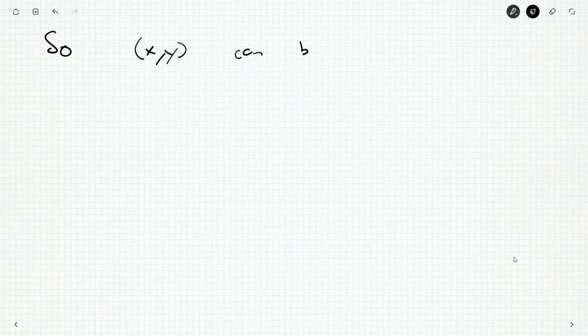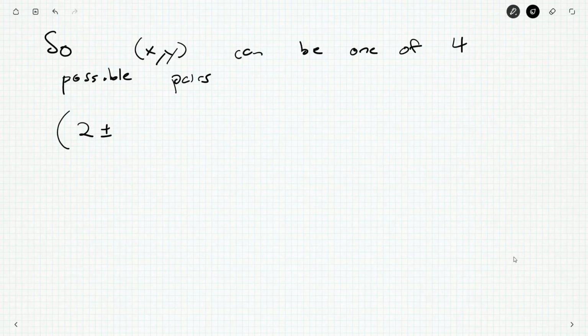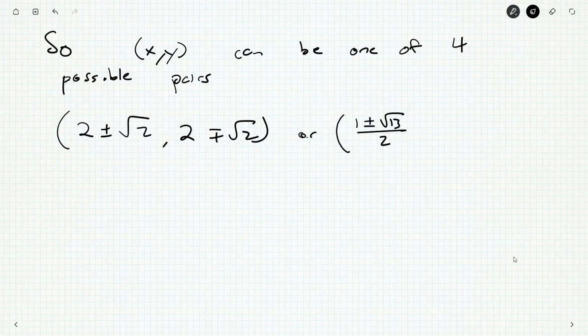So x and y can be one of 4 possible pairs. We could have negative 2 plus or minus root 2, and then negative 2 minus plus root 2, or 1 plus or minus root 13 all over 2, and 1 minus plus root 13 all over 2.